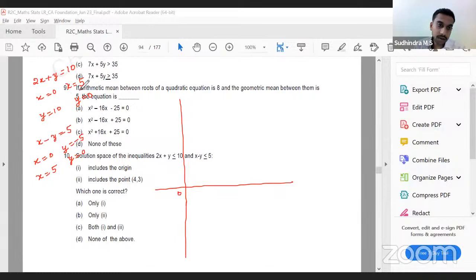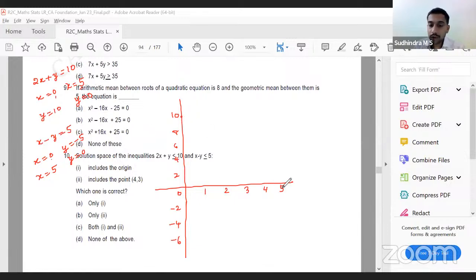X maximum is 5. Y, it's 10. I'll go with 2, 4, 6, 8, and 10. We also have negative 5. So in the first equation, x equals 0, y equals 10.